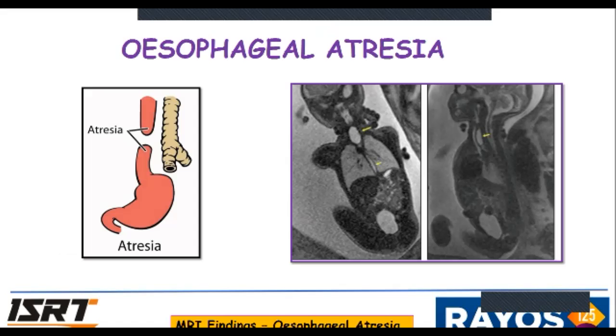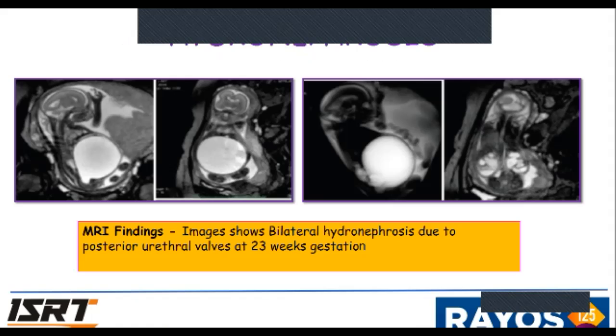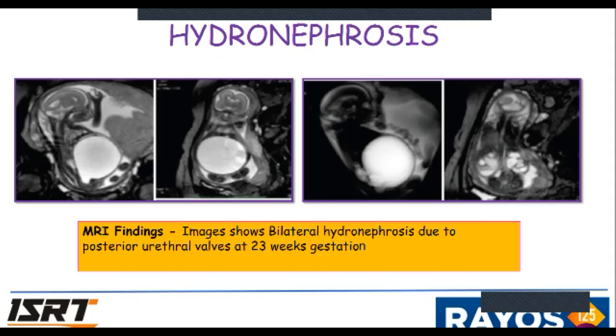Here there is a narrowing or fluid collection in the esophagus, which is seen as a bright signal intensity, and hydroureteronephrosis, where there is fluid collection in the bilateral kidneys. You can see the images here where the fetus has a heavily fluid-collected kidney.